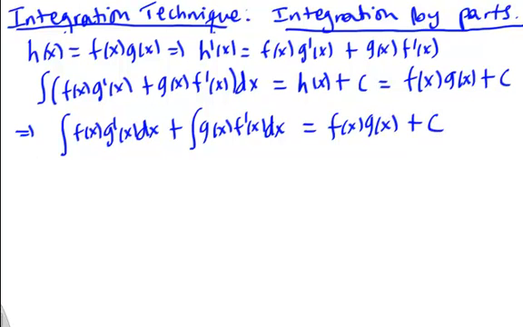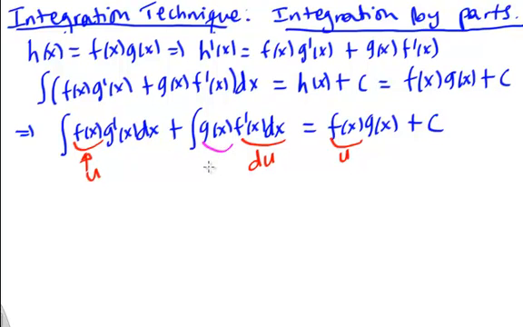Now, just for an observation, let this be u. We see that this is its derivative, du. f prime of x is the derivative, so f prime of x dx is the differential du, and this is u.